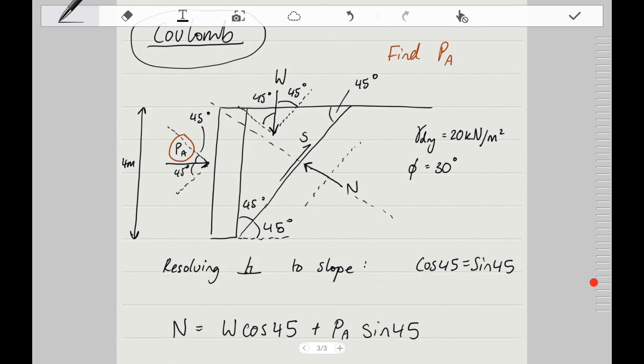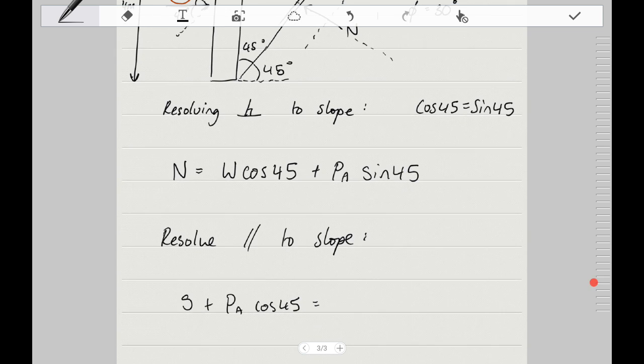Anything else traveling up it? No. So W is traveling down it at W cos 45. And we can rearrange to make S the subject. I'll explain why in a second. Minus PA cos 45, right?